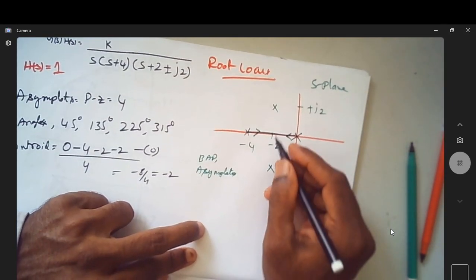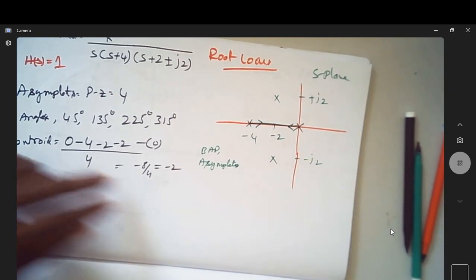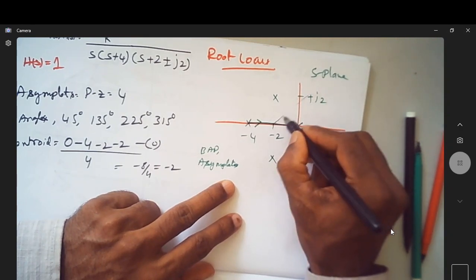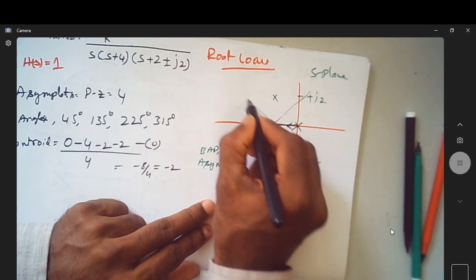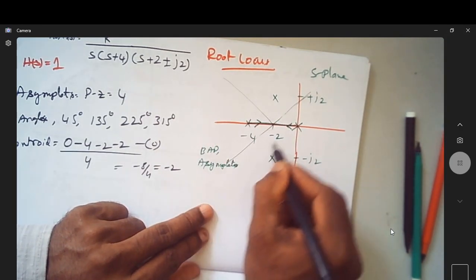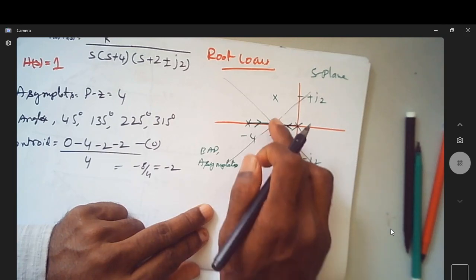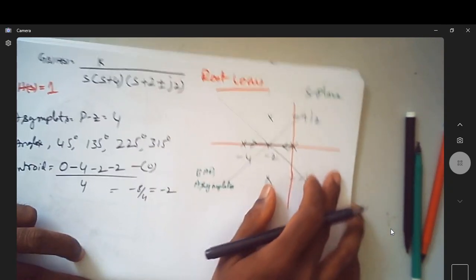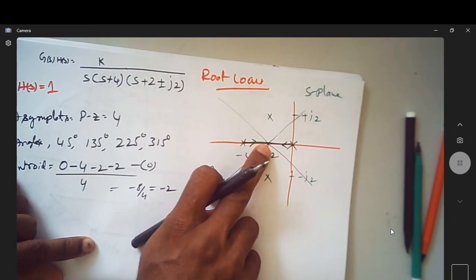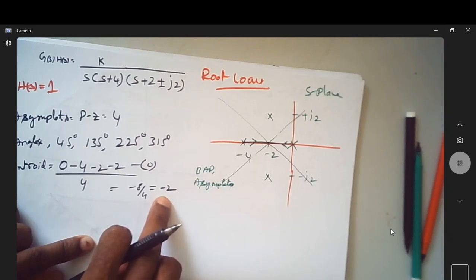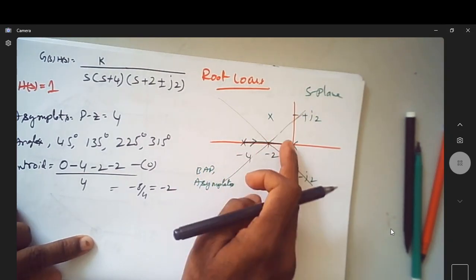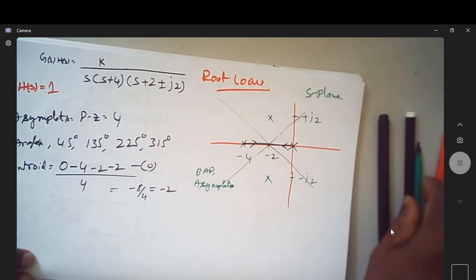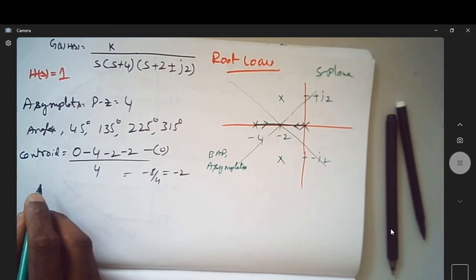So the centroid is at minus 2, with the asymptote angles at 45 degrees, 135, 225 and 315 degrees. These are the 4 asymptotes centered at minus 2 as the centroid.